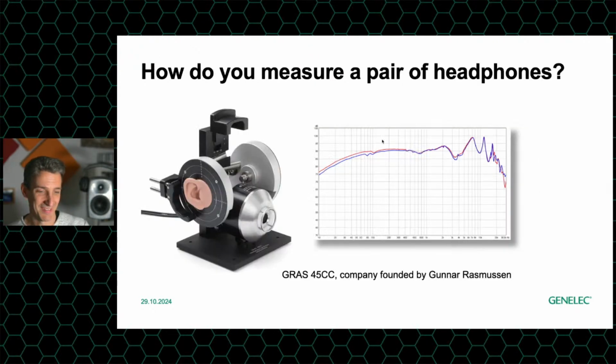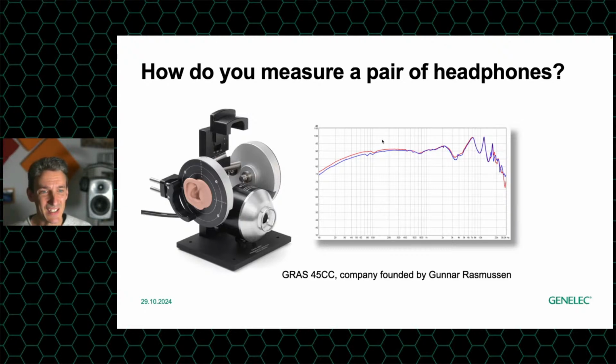If we now look at the measured frequency response curve of a pair of headphones, you will see there is a difference, and this is quite significant. We can absolutely live with what's happening in the bass and in the lower mids, but starting at 1K and especially at 3, 4K, a lot of stuff is happening.